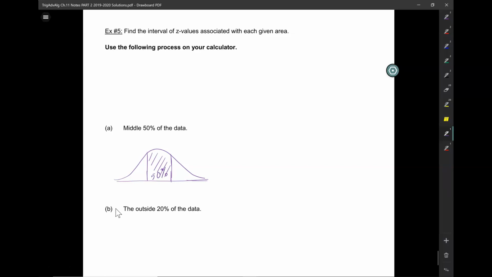Okay? Now, I want to know what is the z-score at the edges of this here, for the middle 50% of the data. What are the z-scores? So how many standard deviations away are these boundaries here? Okay, so let's take a look at this for a minute.